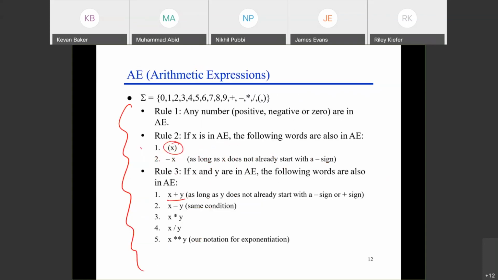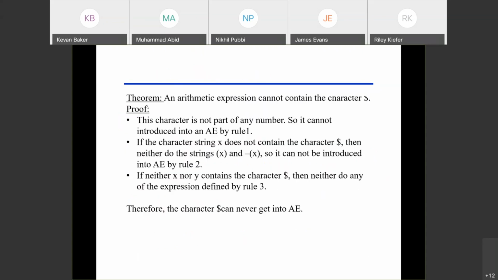If you see your summation, you do not have a dollar sign anywhere here. So in the summation, it is not there. Rule 1 does not talk about, or rule 2 does not talk about dollar sign here. Rule 3 does not talk about dollar sign here. So by investigating all the rules, you can say that it is not part of the arithmetic expression.